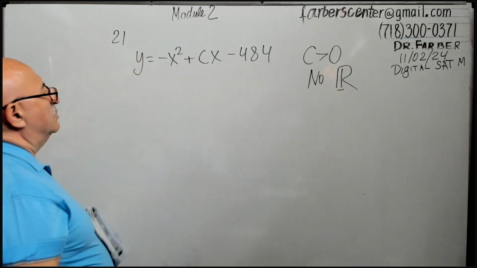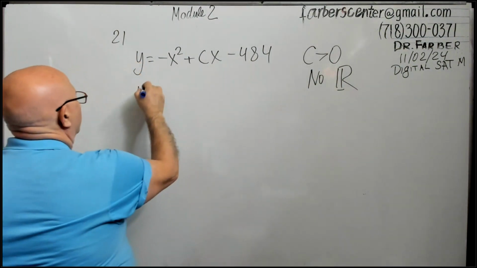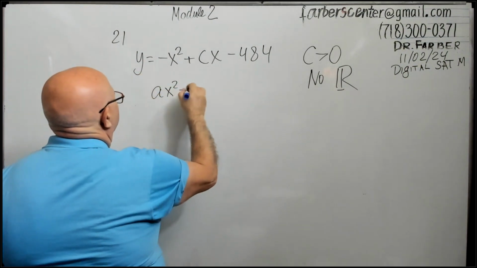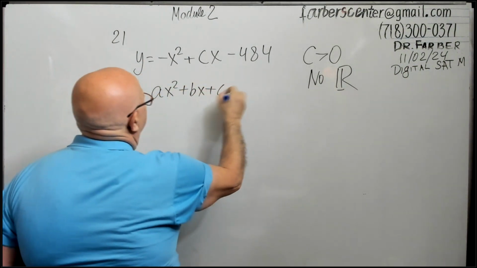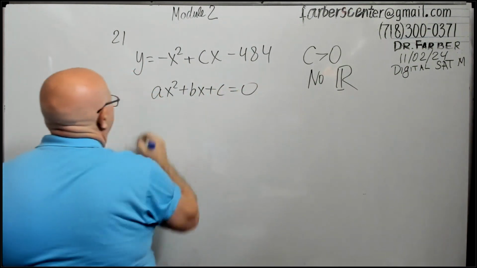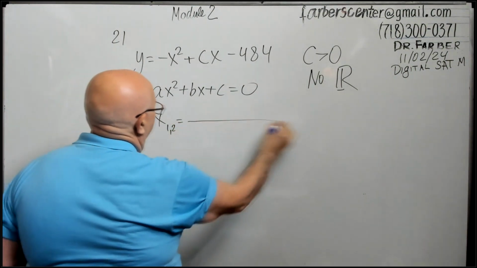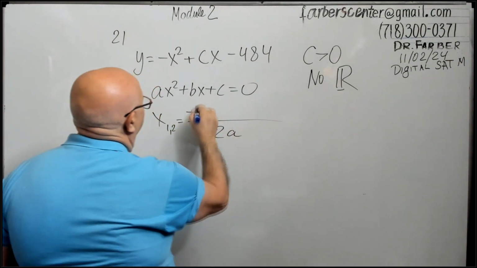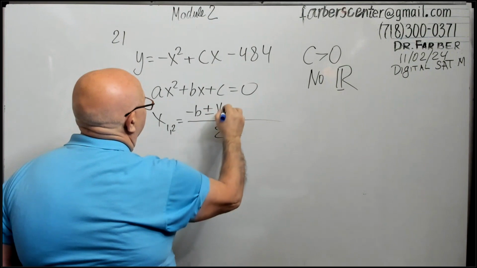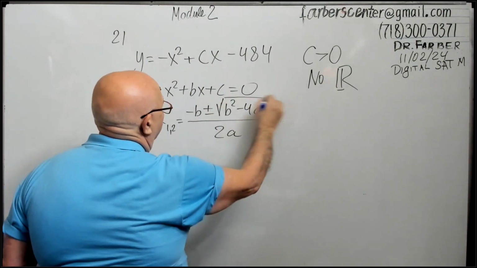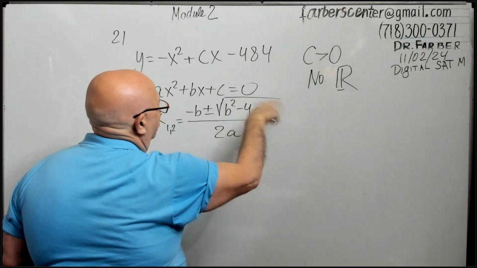When they have no solution, I just remind you, in general form we have ax squared plus bx plus c equals 0, and you have the quadratic formula: negative b plus or minus square root of b squared minus 4ac, over 2a. Remember, how do we name this part under the radical?